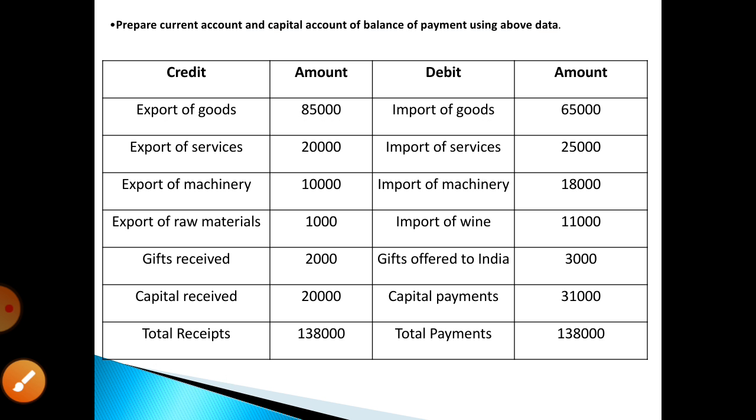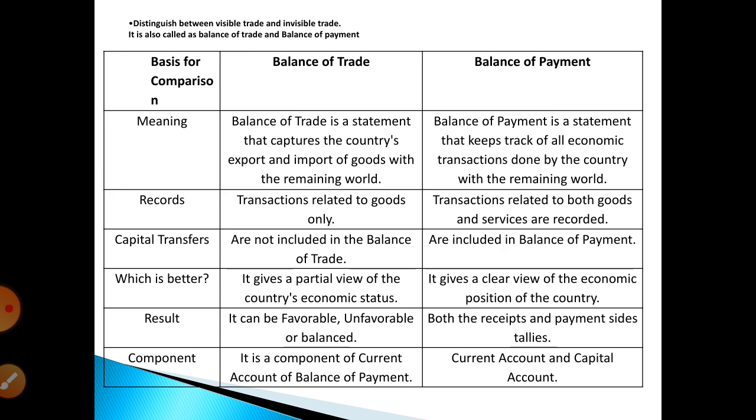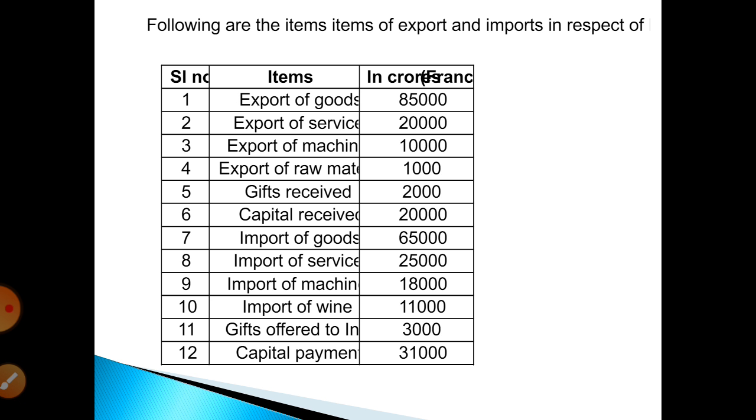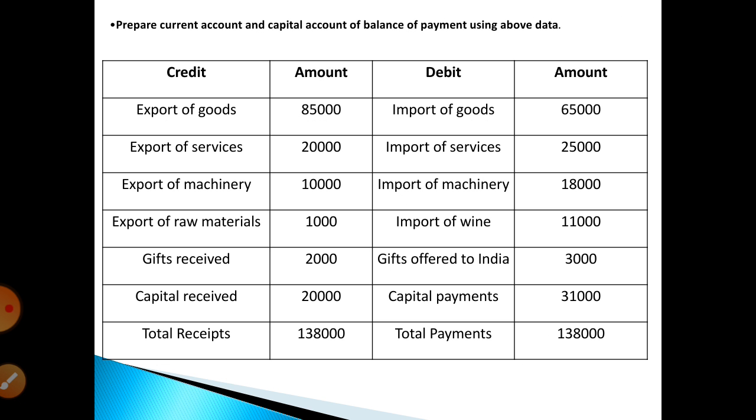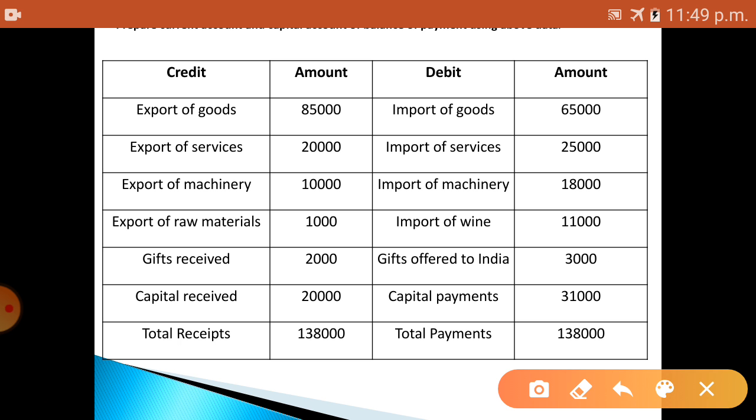Next we will move to prepare a current account and capital account of the balance of payment using the above data. For this purpose we should make four columns: the first column is credit, second is amount, third is debit, and last is amount.